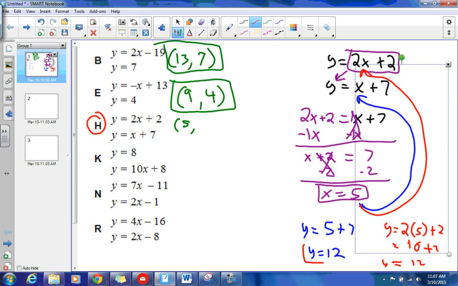So we do have that y equals 12, no matter what. So our y value is 12, and we have our ordered pair, and you can plot that on the graph. (5, 12) would be the solution to our system for H.